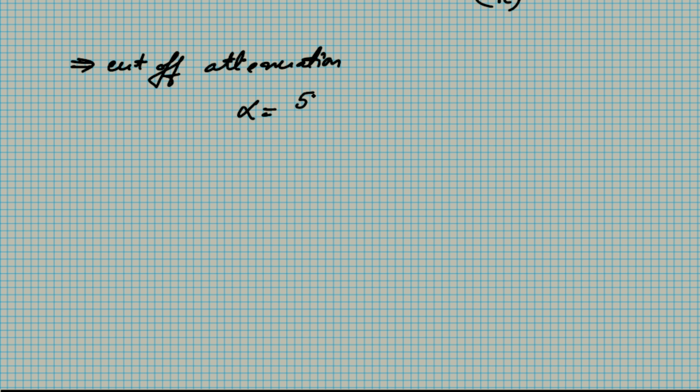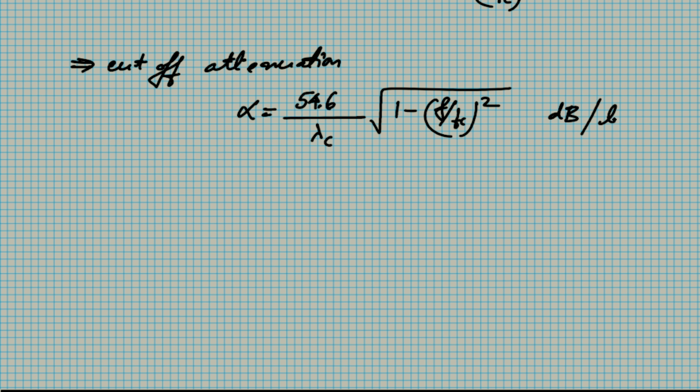That is 54.6 divided by lambda c times root of 1 minus f by fc the whole square, measured in decibels per unit length of that waveguide. That's one equation we will be using, if required in the problems.